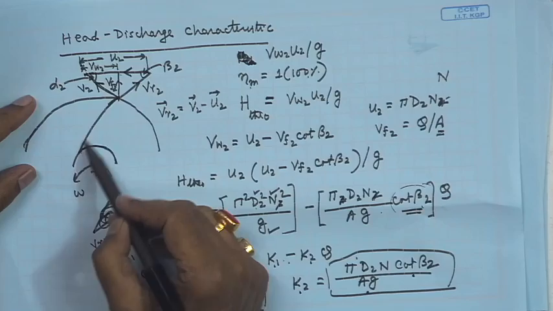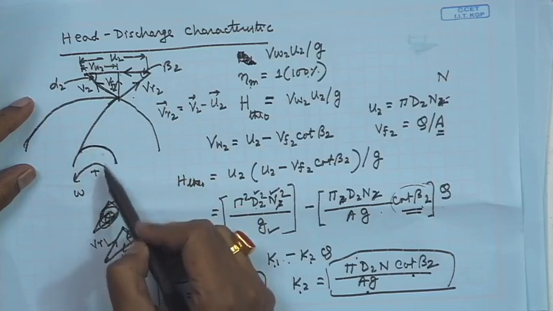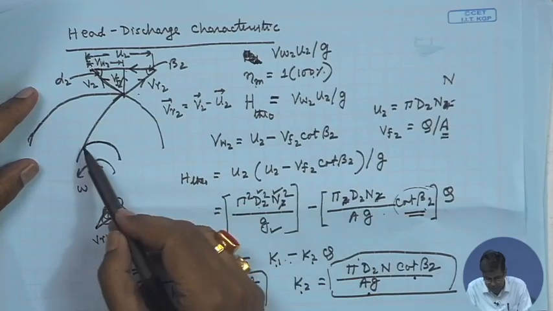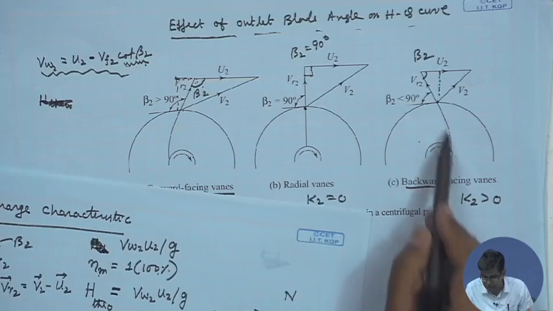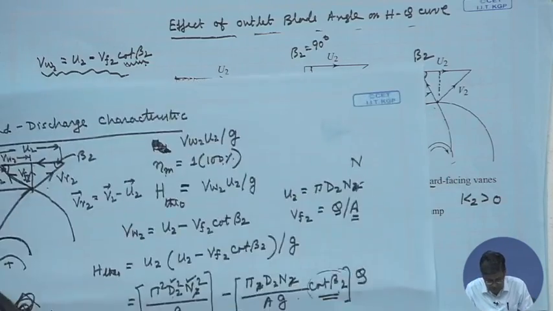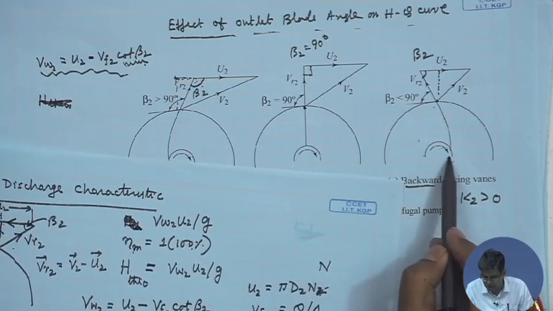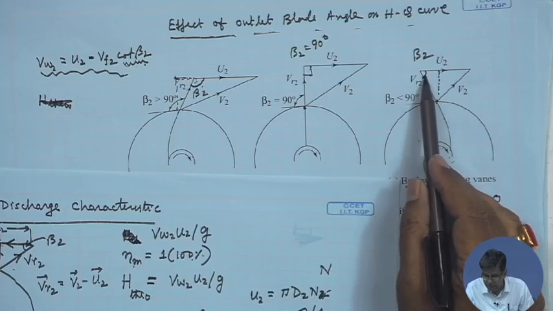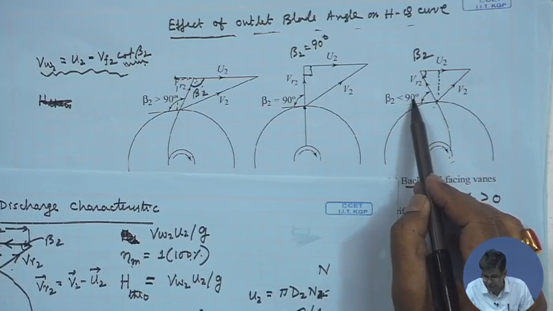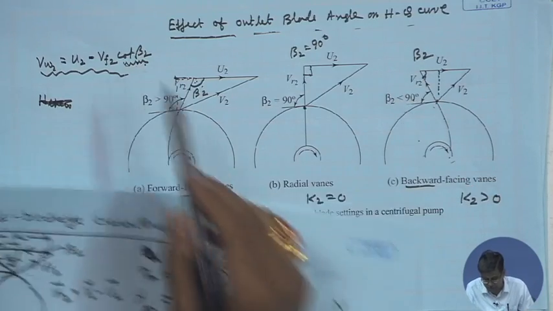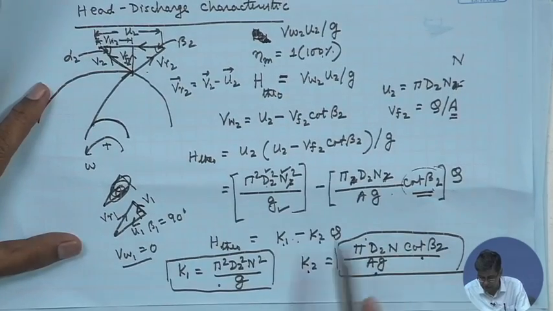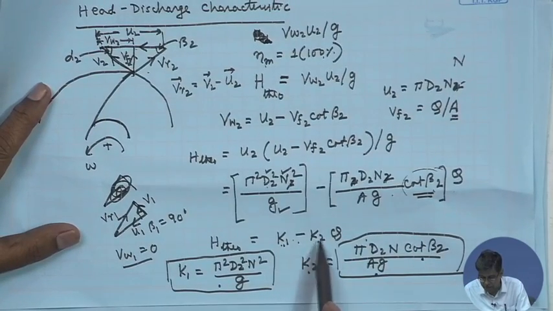Whereas in case of the backward facing blade, it is done in the opposite way, and the direction of rotation is also changed accordingly. Beta 2 is less than 90 degrees, that means cot beta 2 is positive, this is an acute angle. So here it is in the form of K1 minus K2Q.